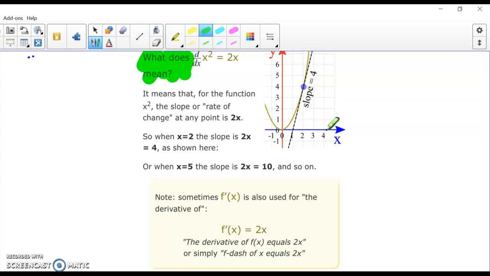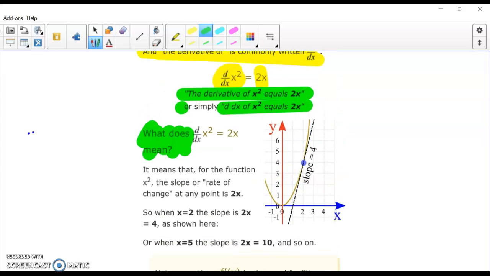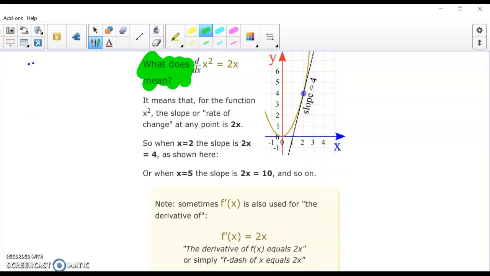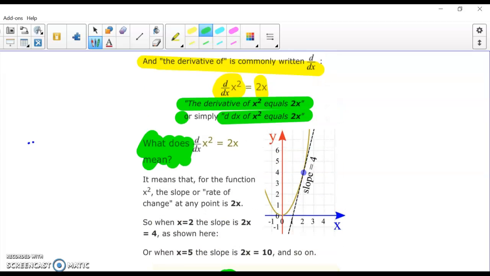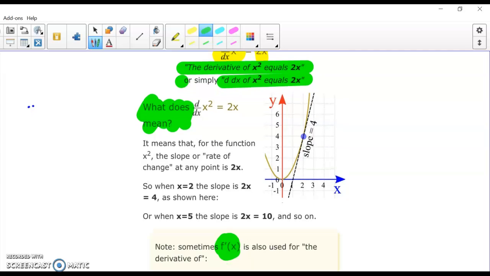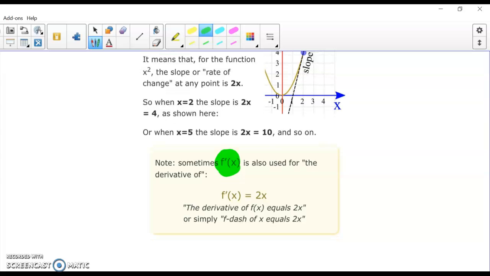Or when x equals 5, it's not shown on here, then we could plug in the 5 and say that at that point on the graph, the slope is 10. Now we also have used this way of writing the derivative. So read through this again, and I hope it's provided some clarity of what the meaning of derivative is.